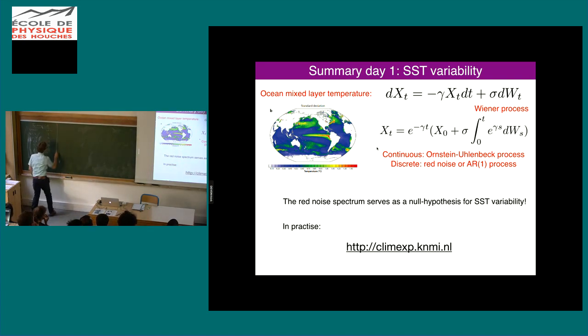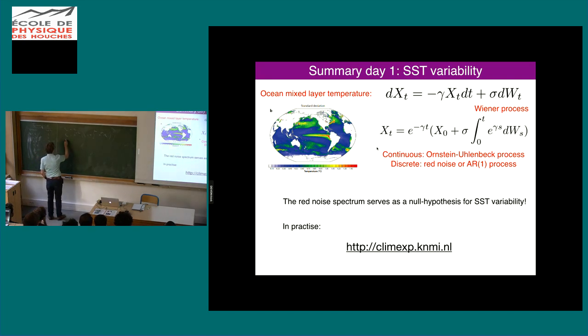So what you do is you have this continuous Ornstein-Uhlenbeck process, and you apply the formula at t_{n+1} and at t_n. At t_{n+1}, you get x(t_{n+1}) equal to e to the power minus gamma t_{n+1} times x0, plus sigma times the integral up to t_{n+1} of e to the power gamma s dW_s.